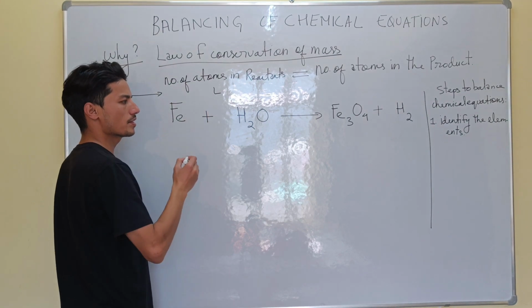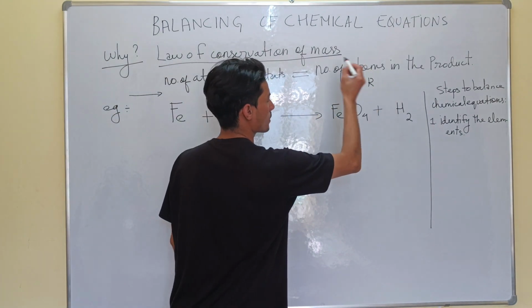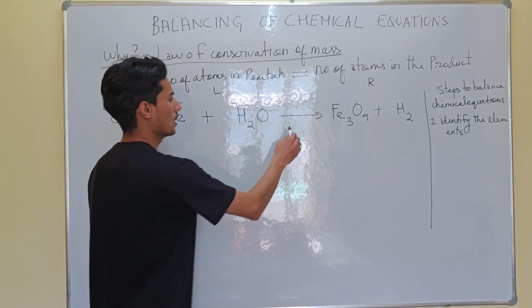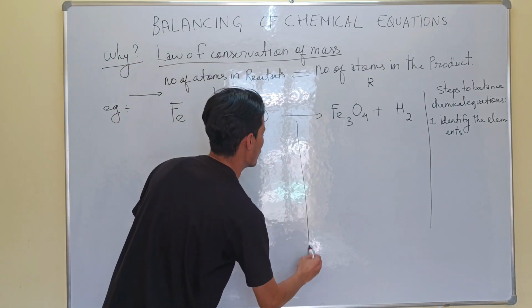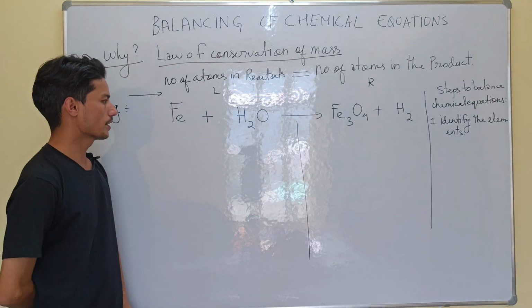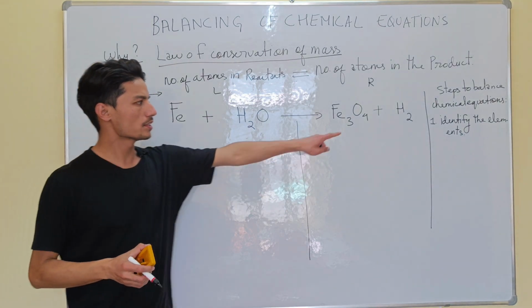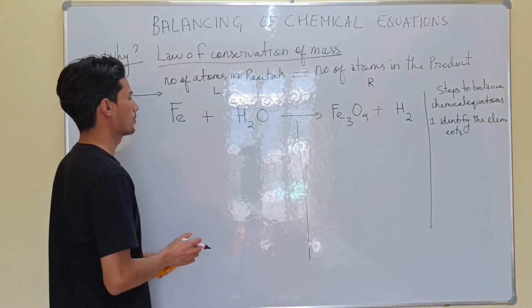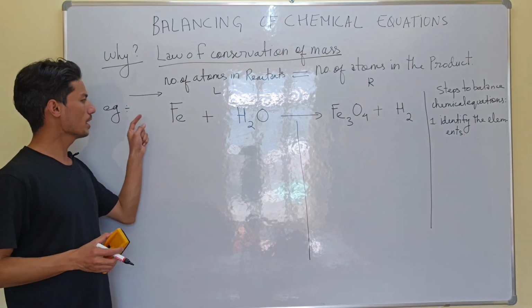Remember, this side is the left hand side and this side is the right hand side. I will draw a wall here, a line here, and then follow the first step. Let us start from our left hand side.